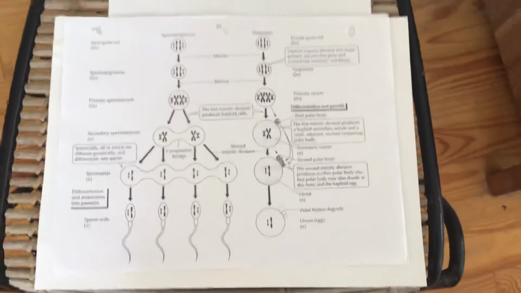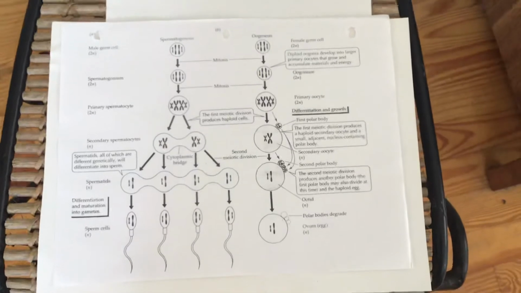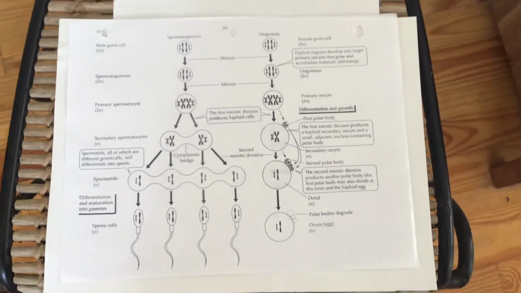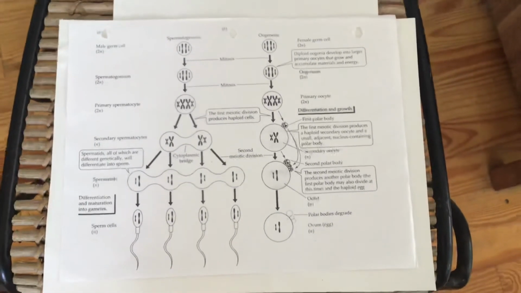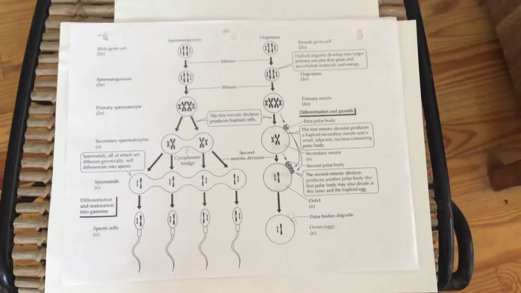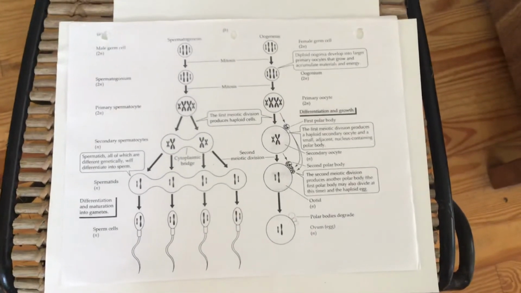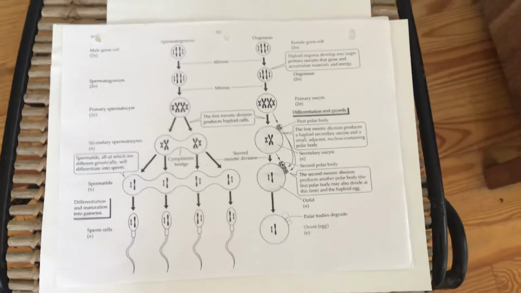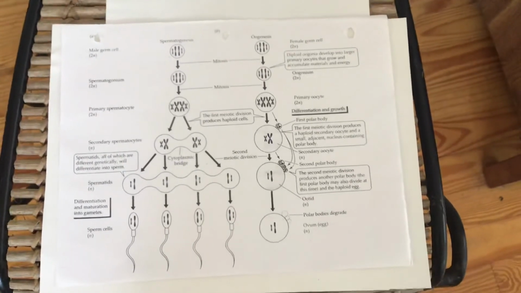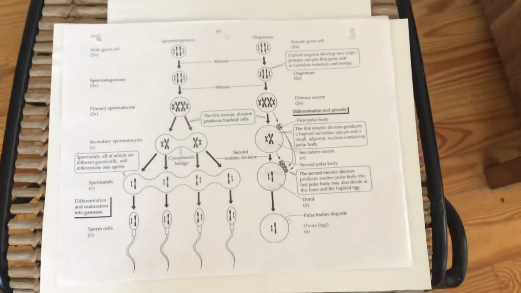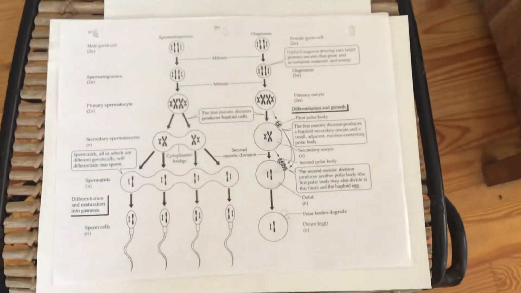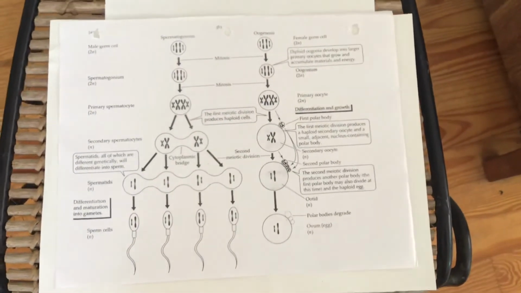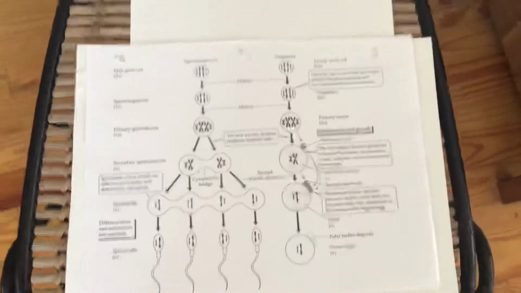As the first division happens, instead of having two equal cells like in sperm cells, you have one cell that has most of the cytoplasm and another cell that does not. That is called the polar body. The same thing happens with the second division, so you end up with three polar bodies and one egg cell, the one that is going to travel and join with the sperm.